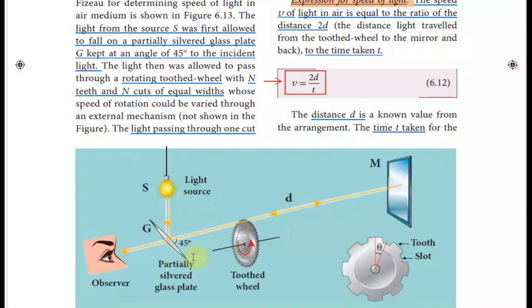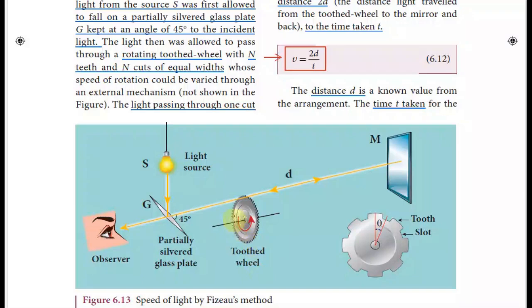This light from the glass plate will be allowed to pass through a rotating toothed wheel, which has n teeth and n cuts of equal width, whose speed of rotation could be varied through an external mechanism which is not shown in this figure.